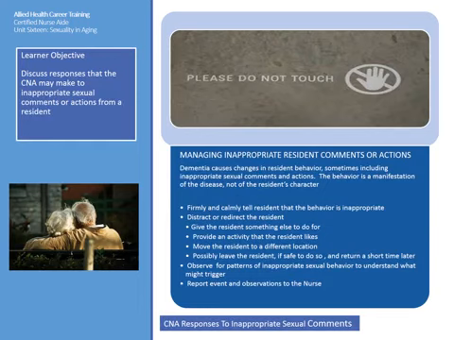So, when it comes to managing inappropriate resident comments or actions, just remember that, especially with dementia, dementia will cause changes in the resident's behavior, sometimes including inappropriate sexual comments and actions. Now, when we get into our dementia chapter later on in the course, we'll really talk about it.